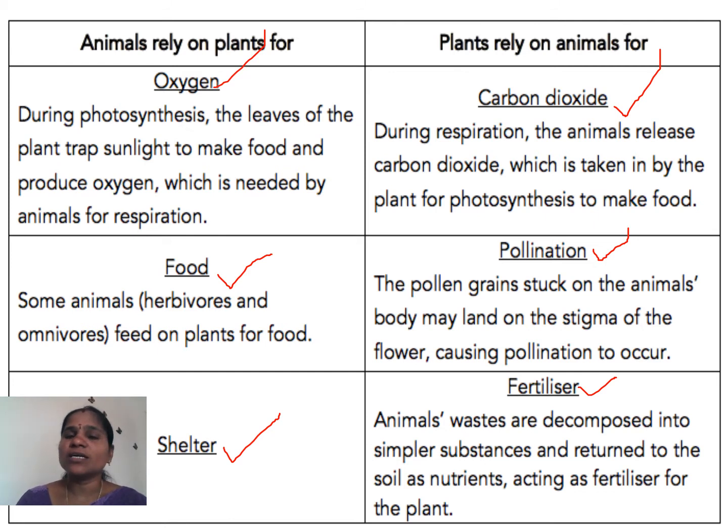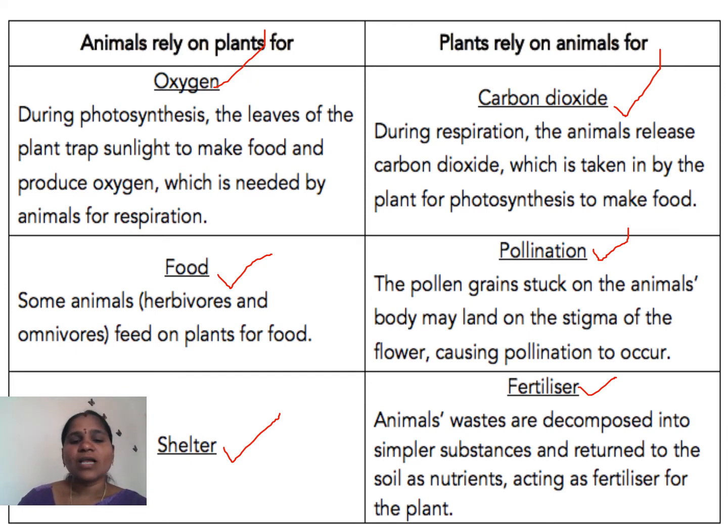The plant seeds that have fur or hooks, or are light weighted, will be dispersed in many ways. For dispersal, animals are also one of the agents used to carry these seeds.